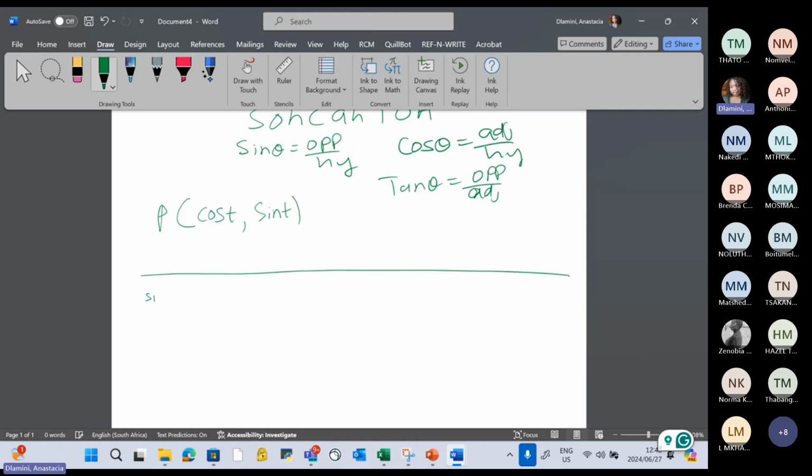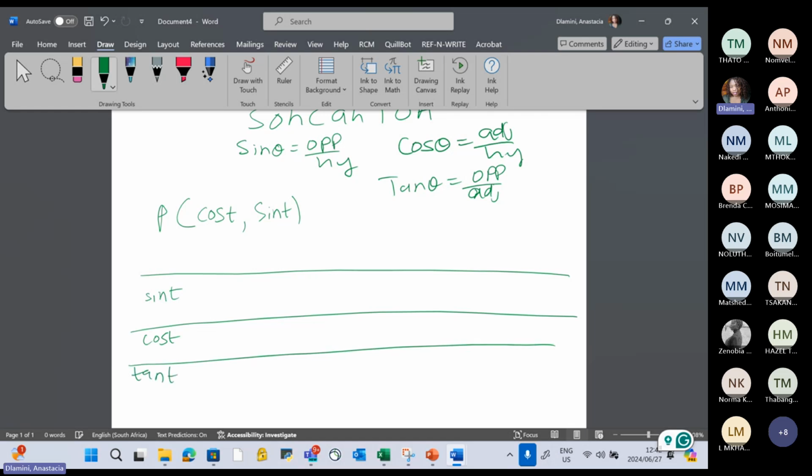So here we have sine of t, here we have cos of t, and here we have tan of t. Are we all together there? Give me the special angles. You know your special angles. Start with 30.